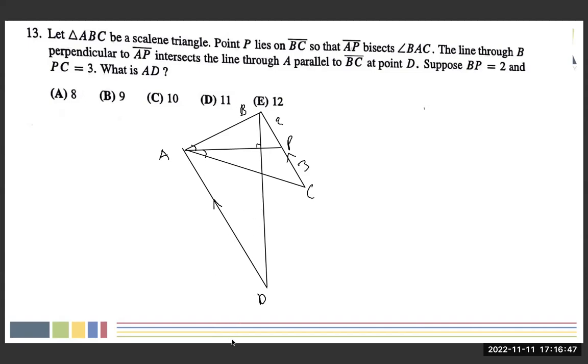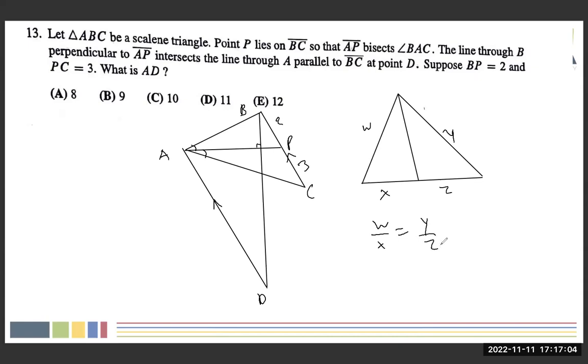The first is a theorem called the angle bisector theorem. The angle bisector theorem basically states that if we have the angle bisector in a triangle, and let's say we call these W, X, Y, and Z, then W over X is equal to Y over Z. In other words, these two ratios are equal if and only if this is an angle bisector.